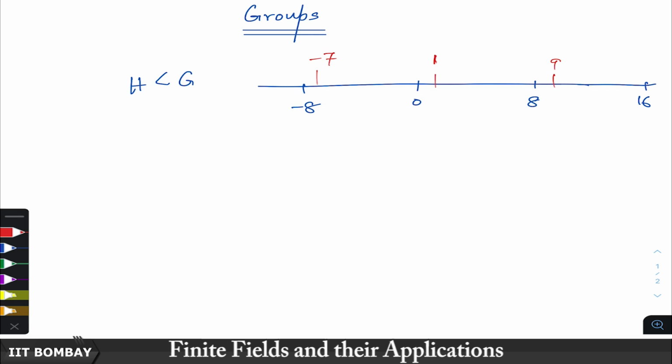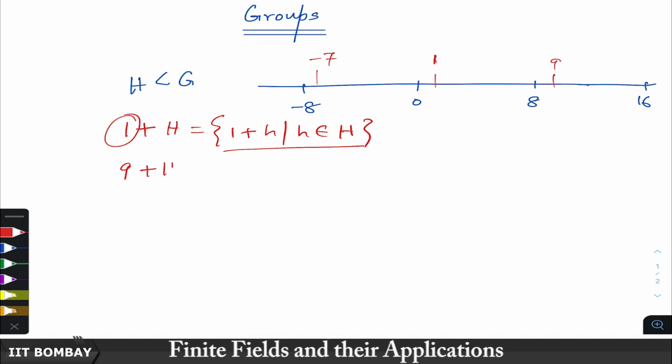So, you can think of what is shown here as 1 plus h, where h is in H. Now, note that instead of 1, you can take any element from this set and represent the coset with that. So, 9 plus H is a coset of 9, and the coset of 9 is the same as the coset of 1.